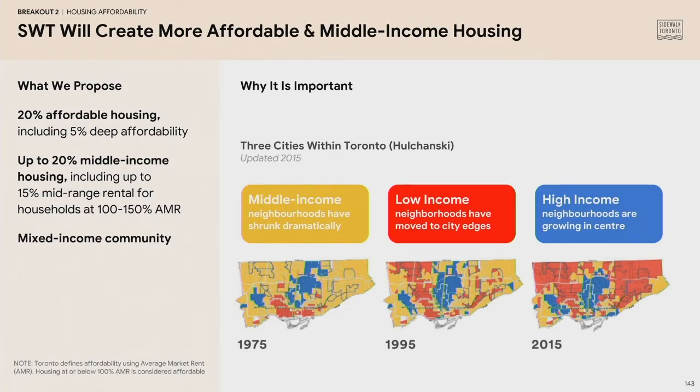That's the government standard, and 20% of our program will meet that standard. A quarter of that, or 5%, will meet deep affordability requirements at 60% or below of AMR.